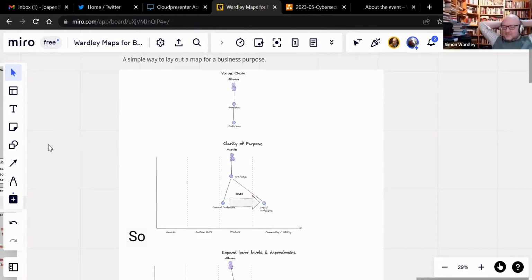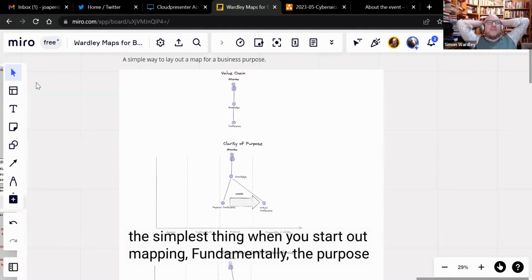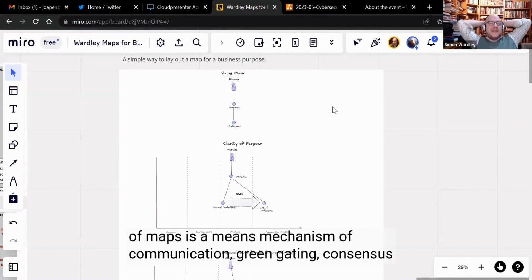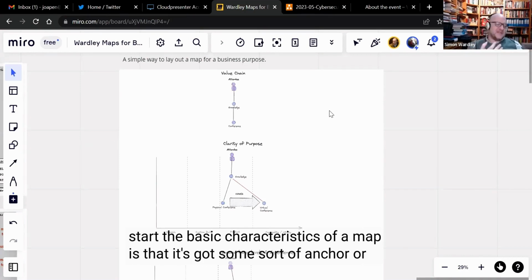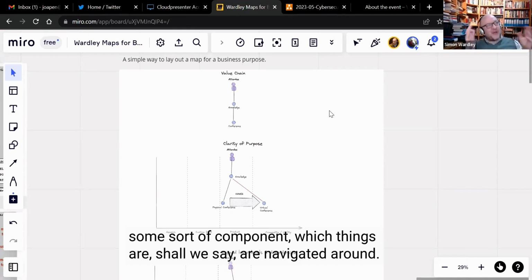So the simplest thing when you start out mapping, fundamentally, the purpose of maps is a mechanism of communication, gaining consensus within a group of people around a particular space. The basic characteristic of a map is that it's got some sort of anchor or component around which things are navigated.